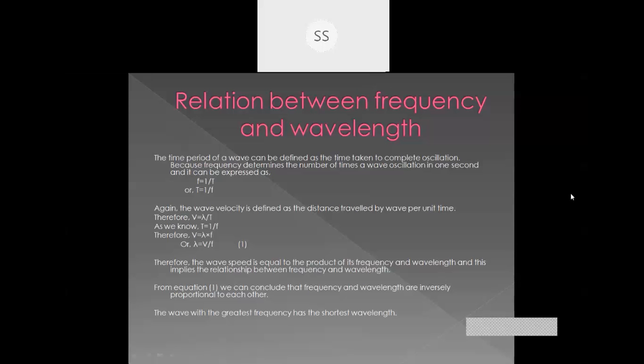Wave velocity is determined by wavelength divided by time period. So what is the relationship between wave speed, wavelength and time period?